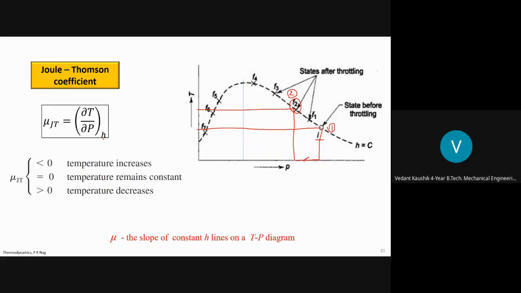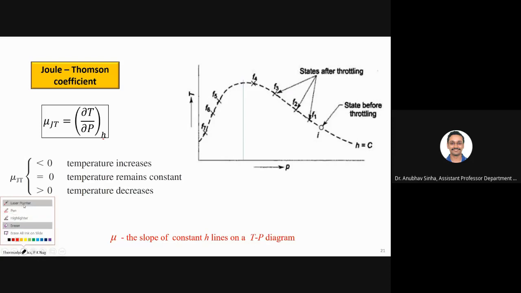Pressure has to decrease by definition of throttling. So pressure has decreased. Now what about temperature? Increase. Temperature has increased, right? Now let us take another point. This is clear to you, everyone, right? When we are going from 1 to 2, the temperature is increasing, right?